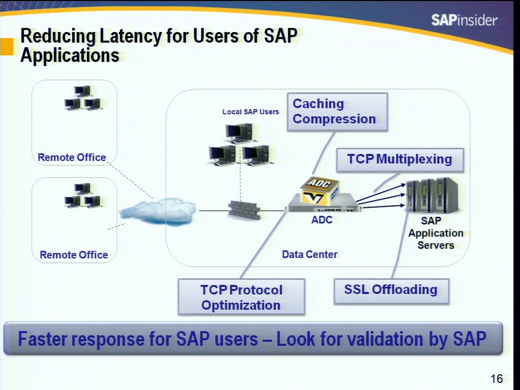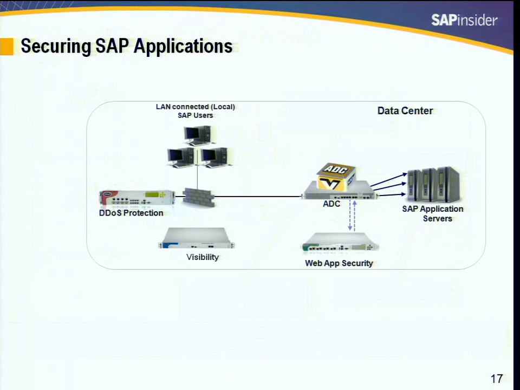All these networking companies together created standards and techniques for SAP instances and SAP applications to work with these networking devices. So look for validation by SAP. There is a great site on SAP: search for co-innovation lab if you're evaluating companies. That's one good way to get more information on what SAP is doing with networking companies.